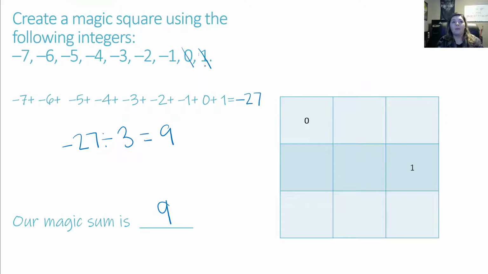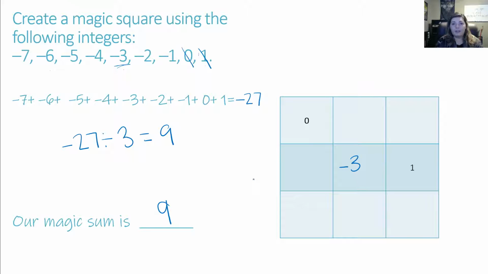We know that we have 1, 2, 3, 4, 5, 6, 7, 8, 9 numbers. 9, that means that -3 would be in the middle. So if I know that -3 is in the middle, I have 1, 2, 3, 4 and 1, 2, 3, 4. So let's write -3 right there in the middle.